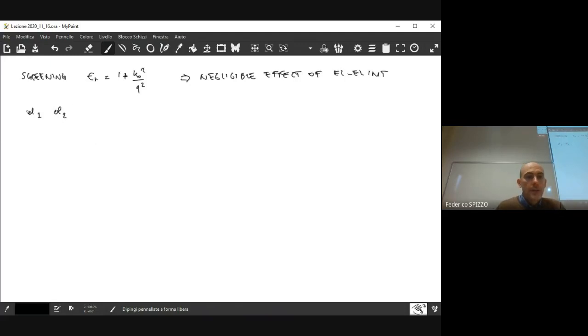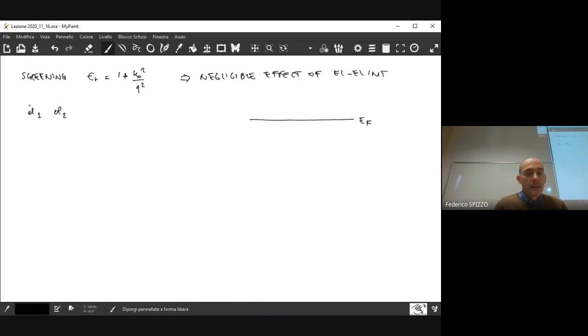To describe this process, and to make the drawing simple, I will assume that we are in a condition close to the free electron picture, but the same mechanism is fine if you consider also a situation that is not the free electron one. So let's suppose that this is the Fermi energy in the system.